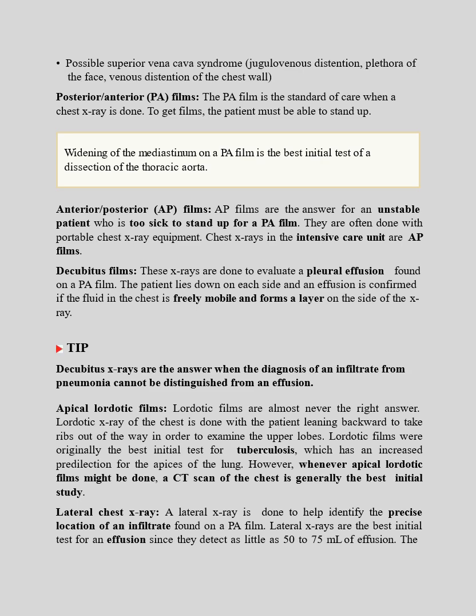There is a so-called lateral chest X-ray. The lateral chest X-ray is done to help identify the precise location of the infiltrate, which is found on a PA film. Lateral X-rays are the best initial test for effusion since they detect as little as 50 to 75 milliliters of effusion.